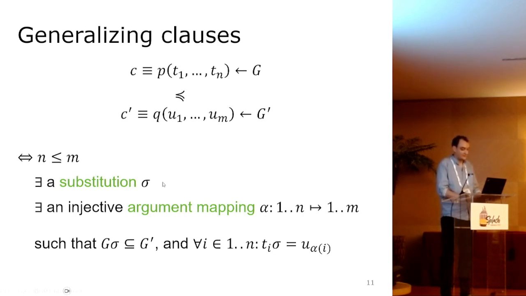There exists a substitution sigma, so this is usual, such that the goal is a generalization of the goal of C prime. So this is not new. What's new here is that we also need an injective argument mapping, which is a function that maps the arguments of the first clause, appearing in the head of the first clause, to the arguments of the other.